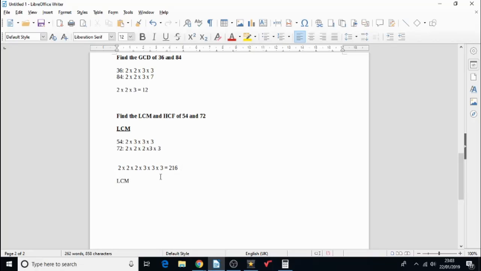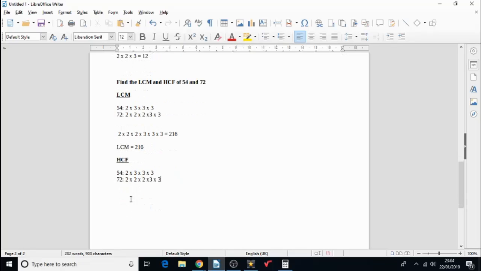And that is our lowest common multiple for 54 and 72. So now for our highest common factor, same process, just copy out the numbers written as a product of prime factors. Except for this time, we multiply by the lowest amount of common factors in the two numbers.